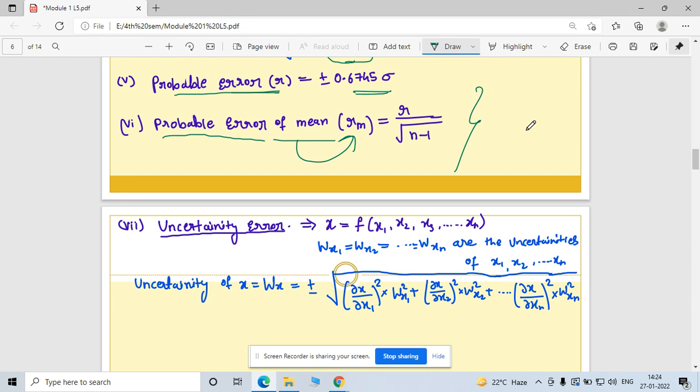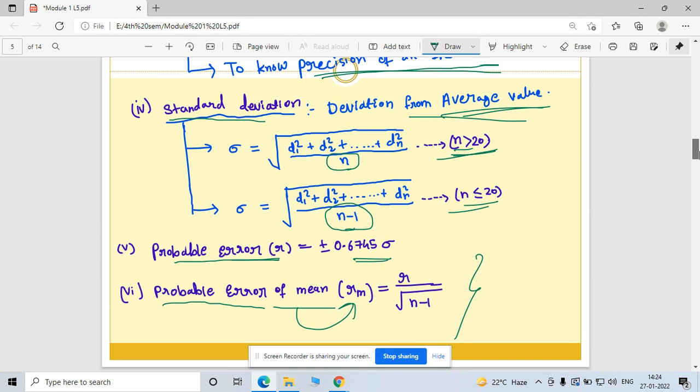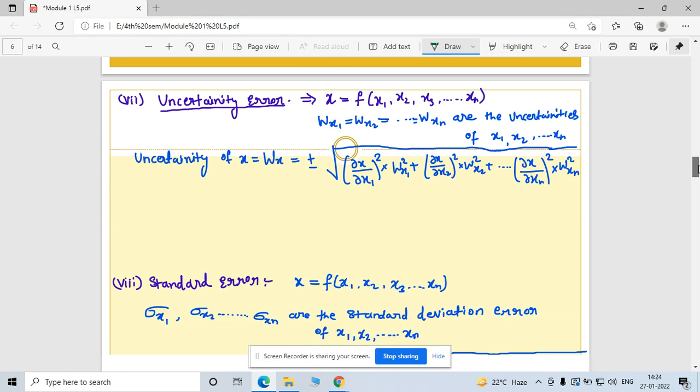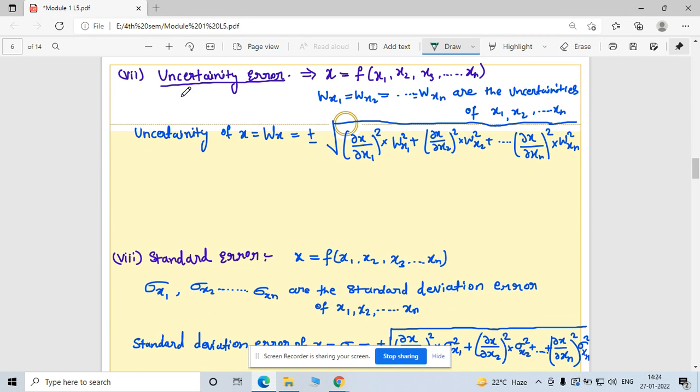By using all these formulas I can frame questions in your exam. Now this is uncertainty error. A reading you are measuring may be a function of x terms.